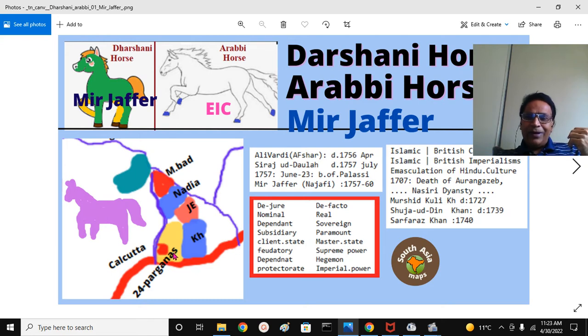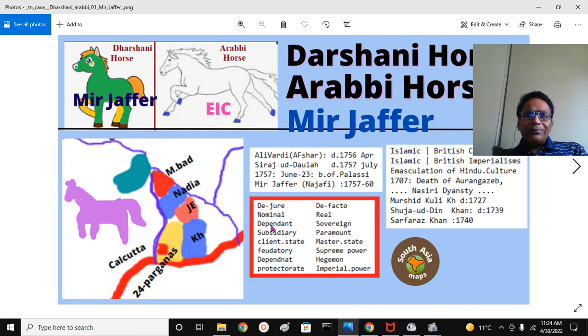This is the 24 Parganas district and Nadia district, east of the Hooghly Bhagirathi River, Murshidabad district, and Jeshore, Khulna, Faridpur, Bakarganj, and so on. North is Malda district. This is the Vanachal region, Santal Parganas.